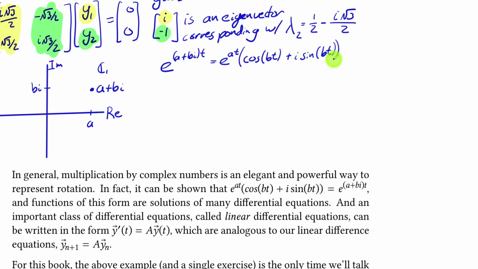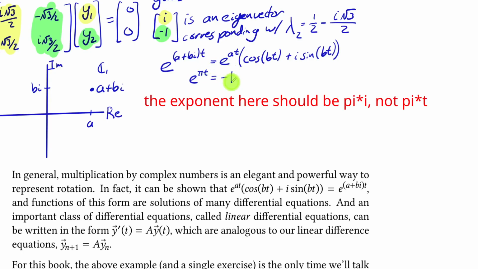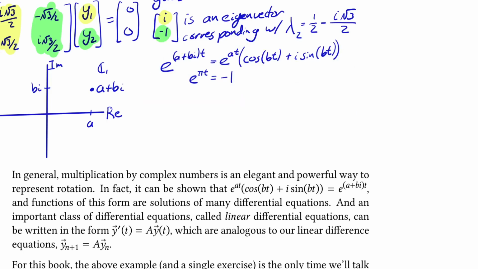Which leads to cool facts like e to the power pi i is equal to -1, for example. There's a really good 3Blue1Brown video that demonstrates why this is true. I'll try to remember to put a link in the description for that.